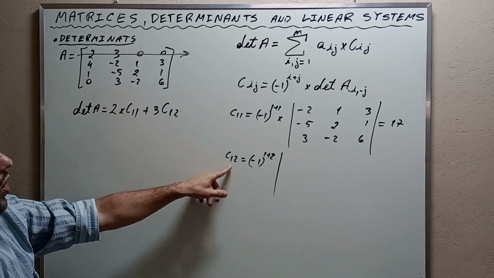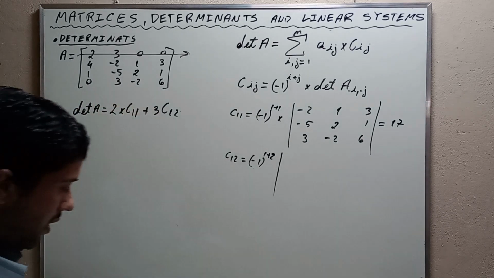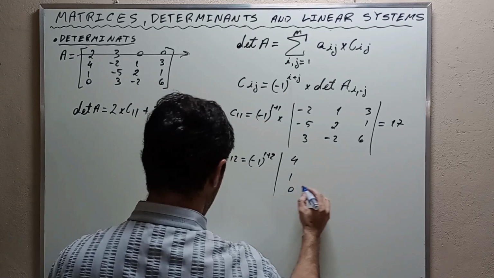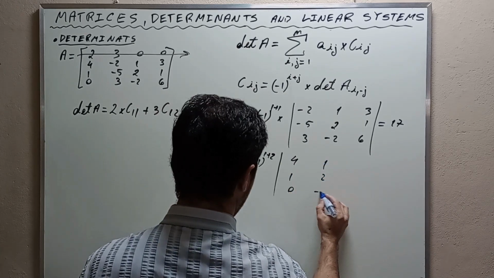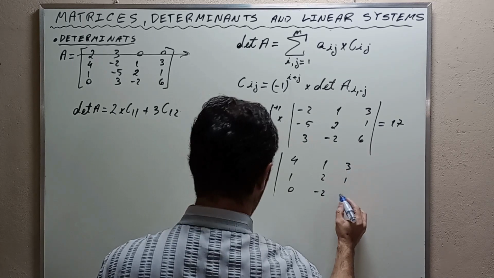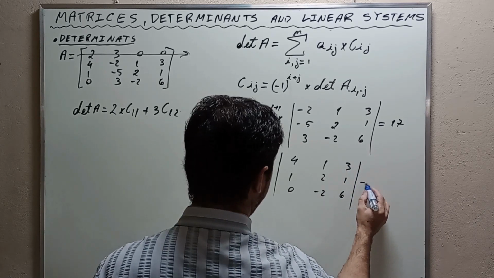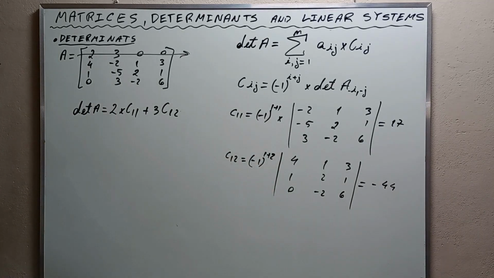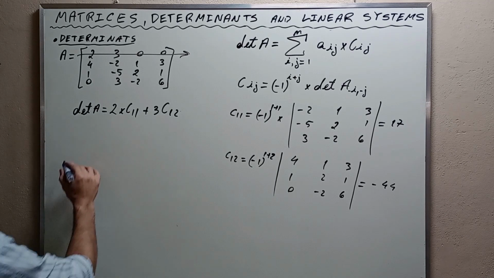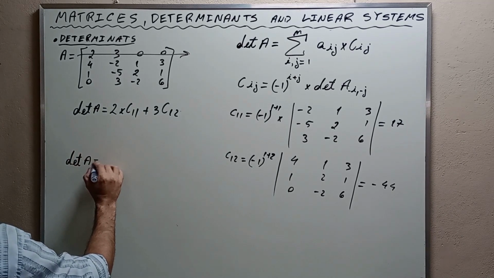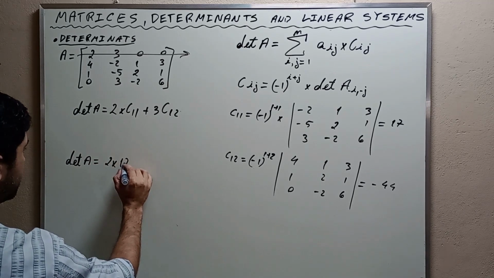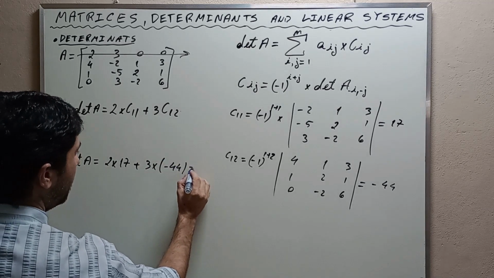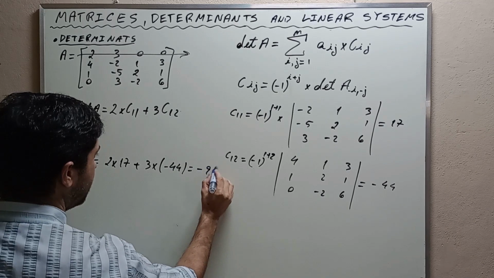For cofactor C12, we remove the second column. And it becomes 4, 1, 0; 1, 2, negative 2; 3, 1, and 6. And this is equal to negative 44. In this way, we find that the determinant of A is equal to 2 times 17 plus 3 times negative 44, and this is equal to negative 98.